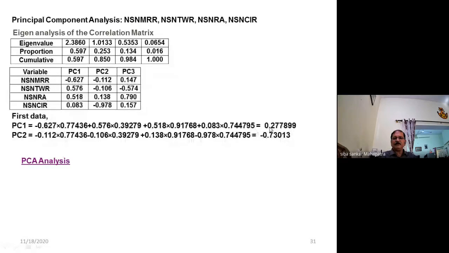So the first principal component for the first data is 0.77. Similarly for the second principal component and the third principal component, you can find out.